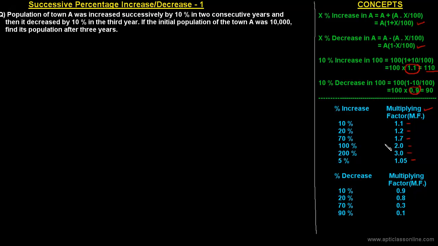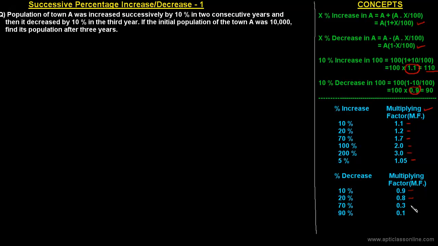Now look at the multiplying factor for percentage decrease. Here we have seen that for 10% decrease, the multiplying factor is 0.9, because 100 is multiplied by 1 minus 0.1. Similarly, for 20%, it will be 0.8, because it will be 1 minus 20 by 100, that is 1 minus 0.2, that is 0.8.